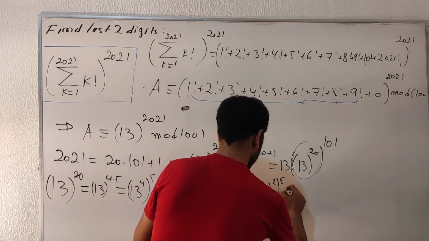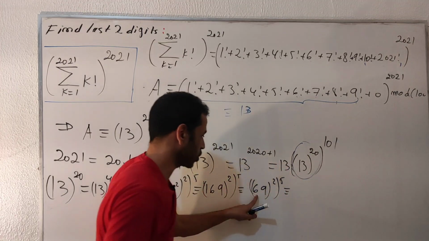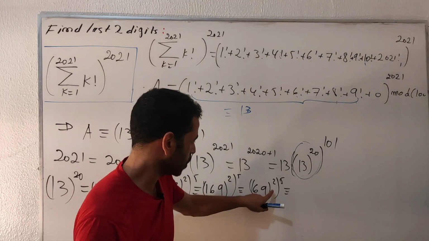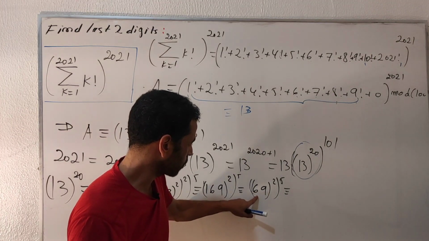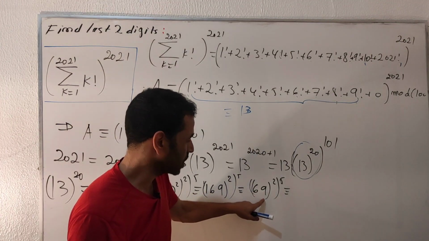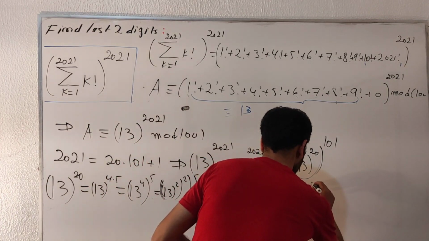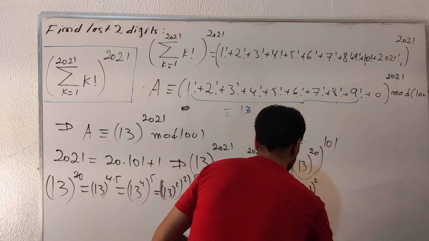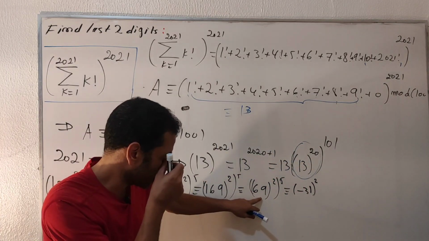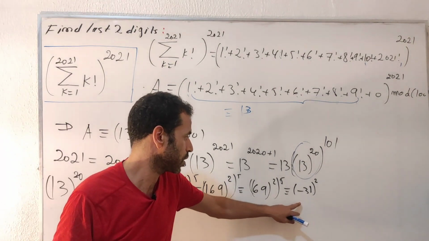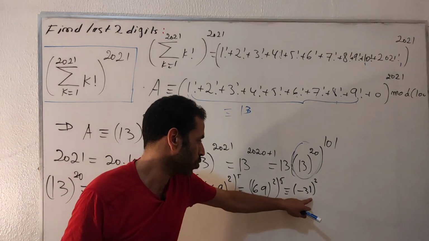So I'm going to use a trick in order to reduce this number to the smallest value possible. Since I have a square here, I'm going to put this one as minus 31 squared, because we know 69 equals 100 minus 31. The 100 will be reduced to 0 mod 100, and I will be left with minus 31 as a remainder.